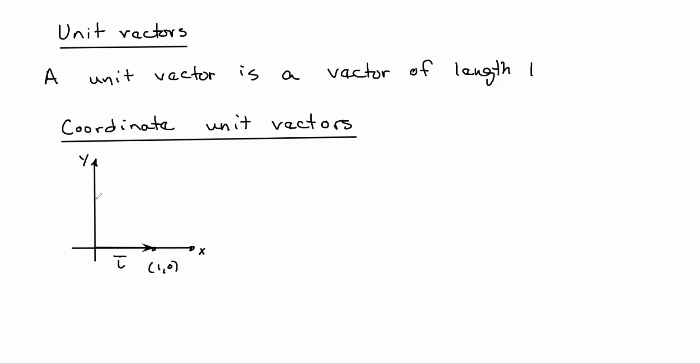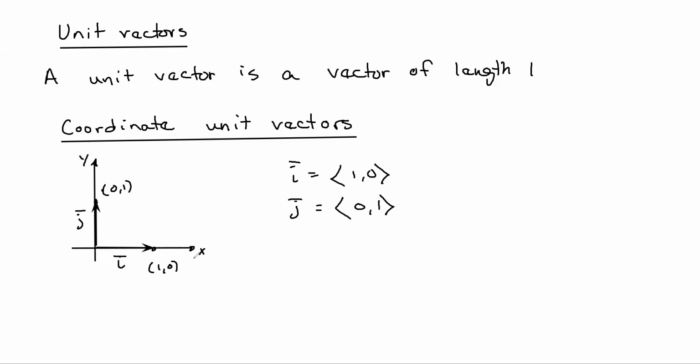Okay, and similarly, if we had this point here, and let's say that point was at (0, 1), and we put the vector there, that vector we call unit vector j. Okay, so just off to the side here, vector i equals <1, 0>, vector j equals <0, 1>. Those are just special names for the coordinate unit vectors.